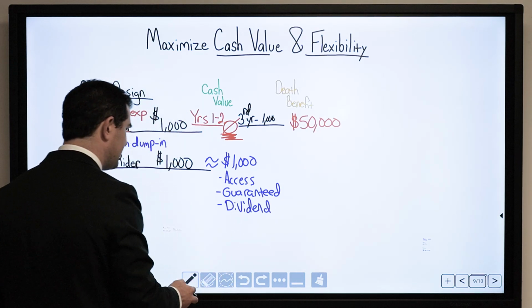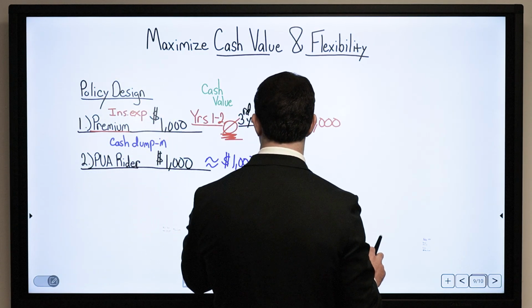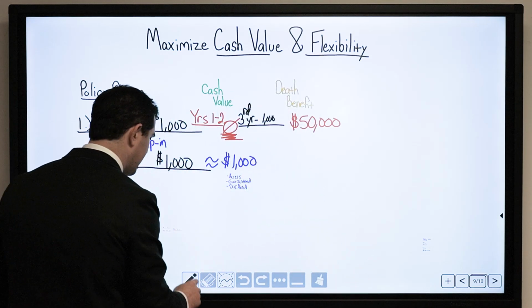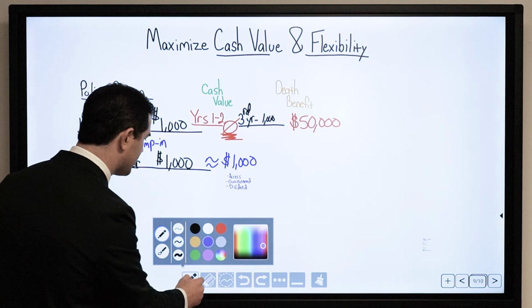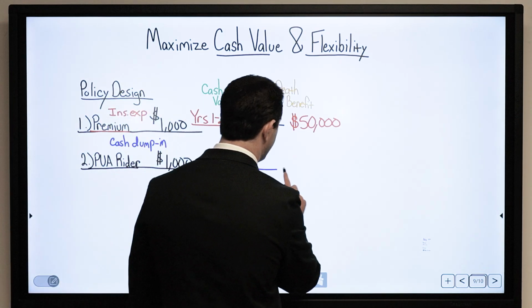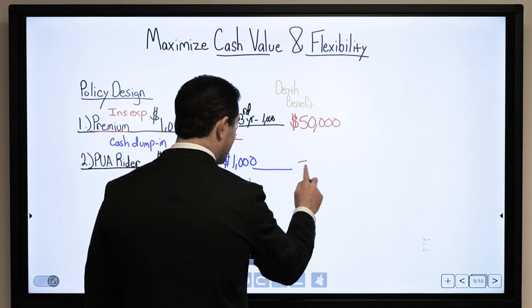Now the term, again, stands for paid up additions, paid up additional life insurance. And what that means is, one, this is optional, but when I make a payment into this component, it shows up in cash value, and it also purchases me some death benefit.